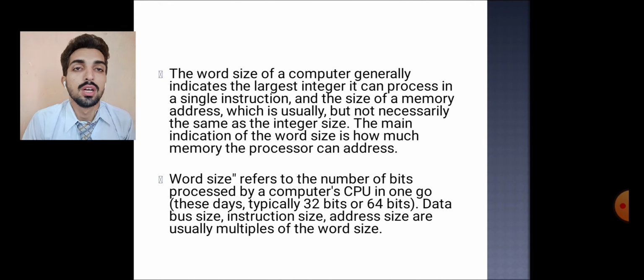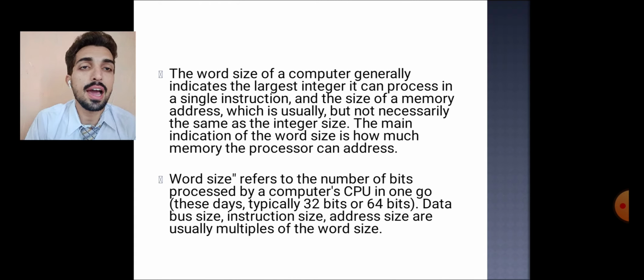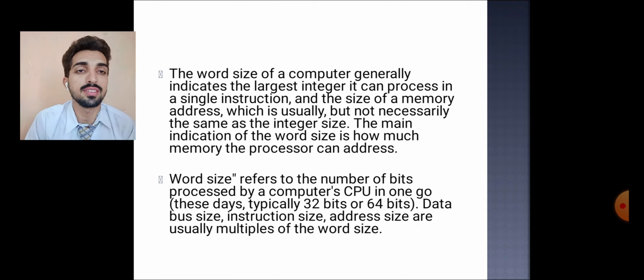The word size of a computer generally indicates the largest integer that can be processed in a single instruction, and the size of a memory address, which is usually but not necessarily the same as the integer size. A main implication of word size is how much memory the processor can address.